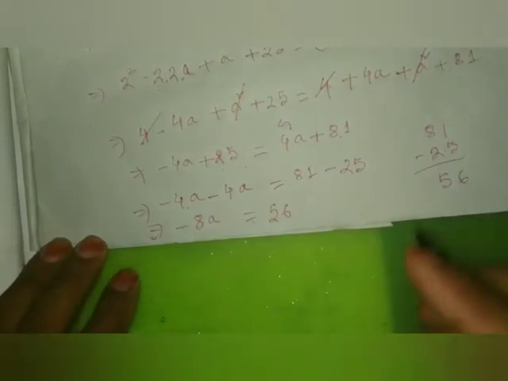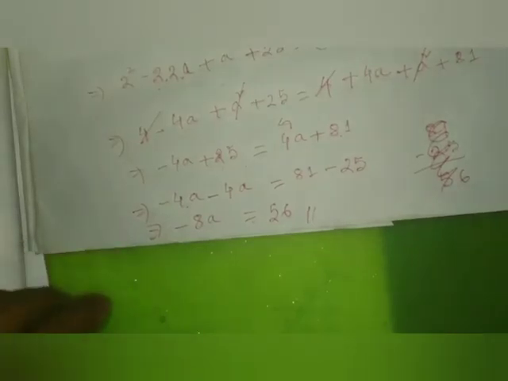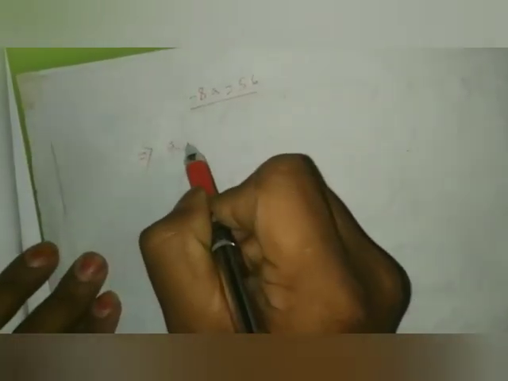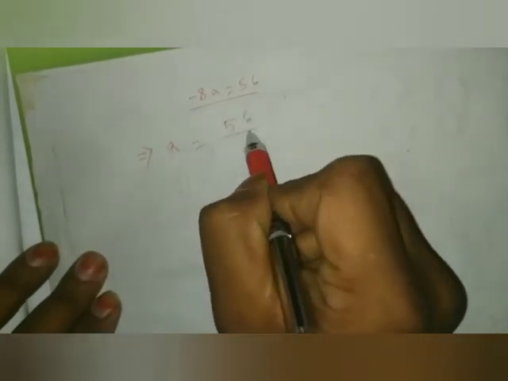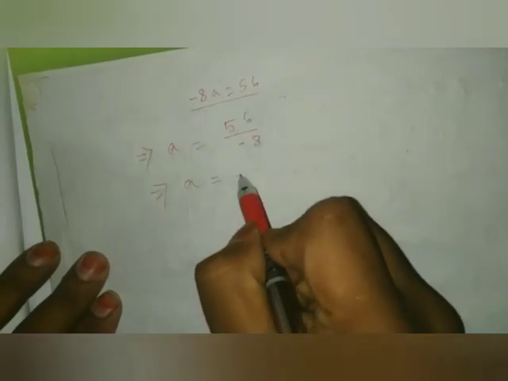Minus 8a equals 56. So this implies a equals 56 by -8, which implies a equals -7.